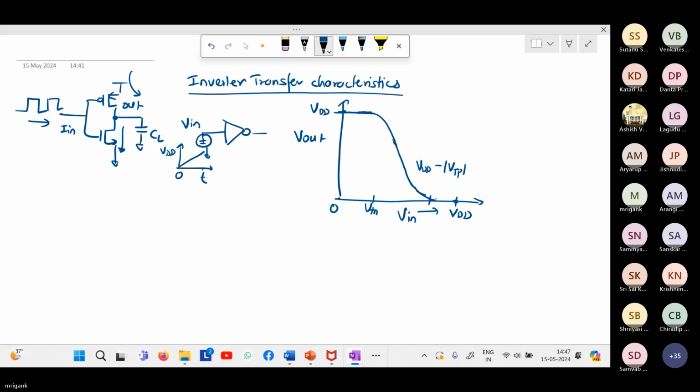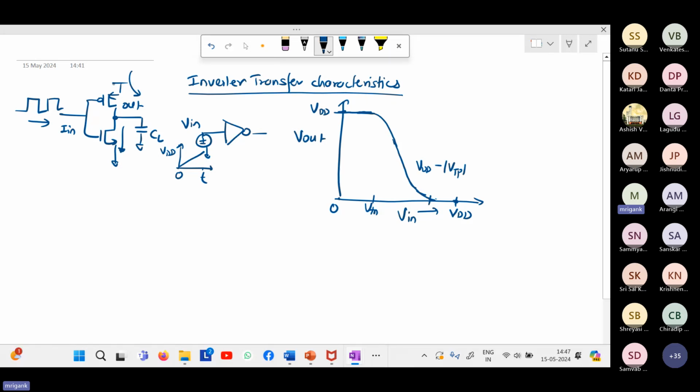Remember that it will have some non-zero leakage current that we will discuss shortly. But ideally, if I ignore leakage current, I can assume that after V in crosses VDD minus mod VTP, the output will be clamped to 0 because now the PMOS is completely turned off and NMOS is on, which will be discharging the capacitor completely to ground.